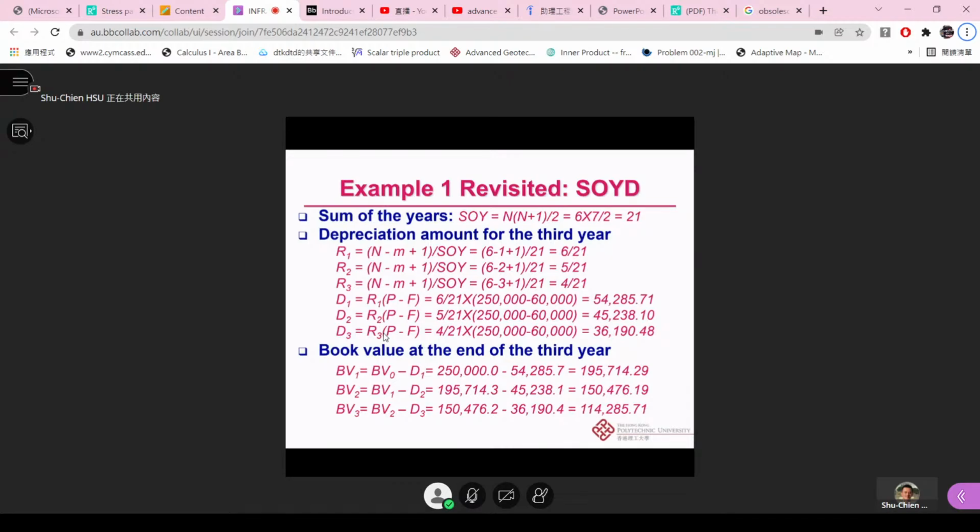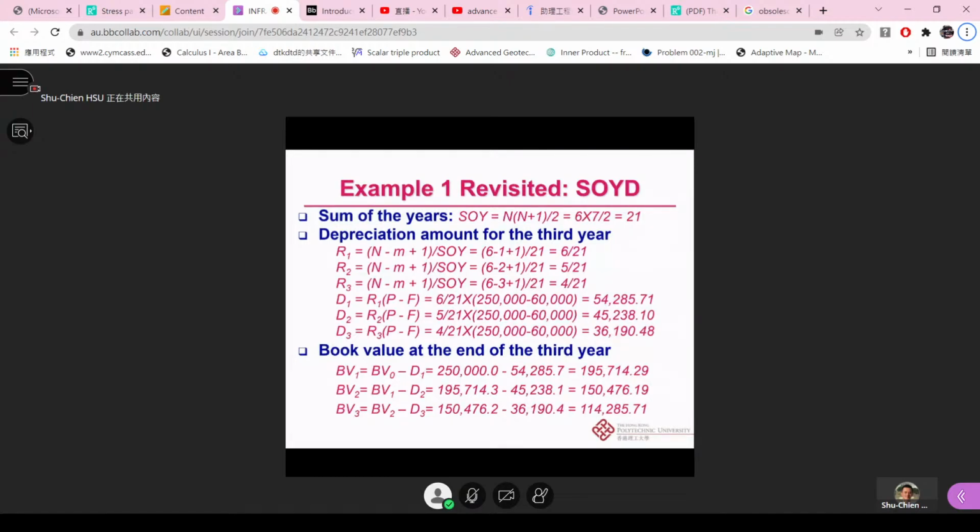But usually, for example, if you buy a new car, once it starts to operate, even if you only drive 3 kilometers, it will depreciate a lot already. So the straight line method is not suitable for certain equipment, like the car. Usually those kinds of things depreciate much faster in the beginning compared to the following years. Okay, so this is all SOYD.